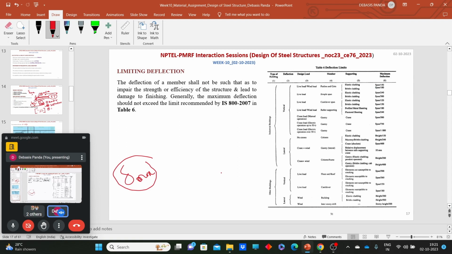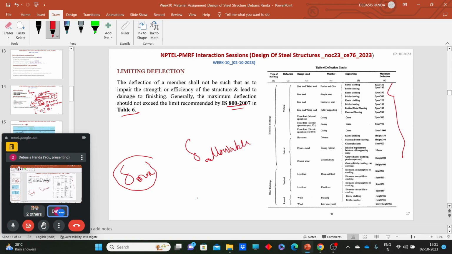Now what should be the deflection limit? The deflection limits for different elements with respect to different supporting conditions are given in Table 6 of IS 800:2007. Here the allowable deflection limits, delta allowable, are given.